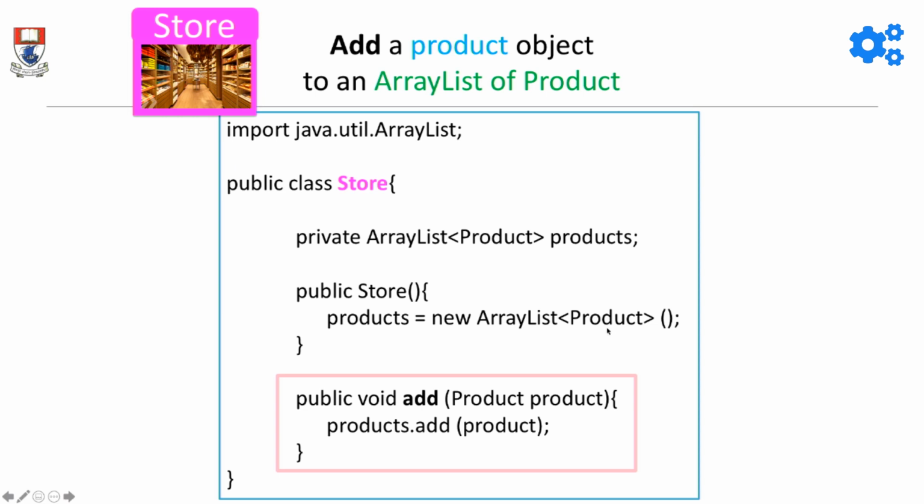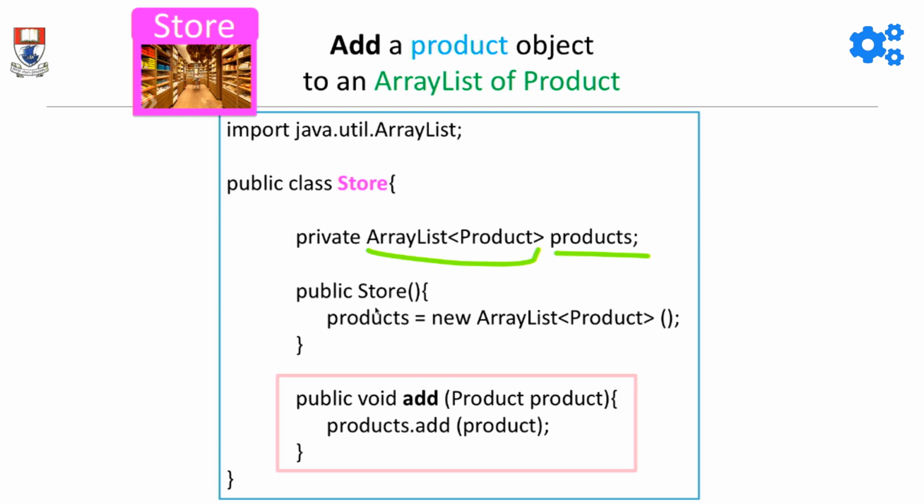So here in the blue box, we see our class called store. Again, color coding the pink to represent the store. And inside this class, we have products, which is an array list of product. So here's our products variable, and we're saying it's an array list of product.